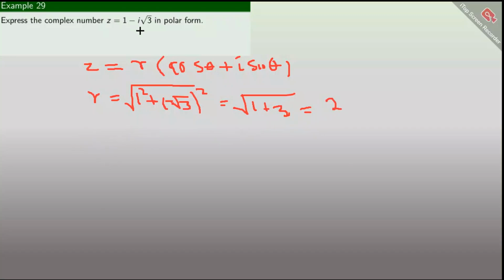We go back to the theta. So I can see that y is negative and x is positive. Where is it going to be? Definitely it's going to be in the fourth quadrant. So in the fourth quadrant, what did we see? We said that theta is equal to 360 minus alpha.